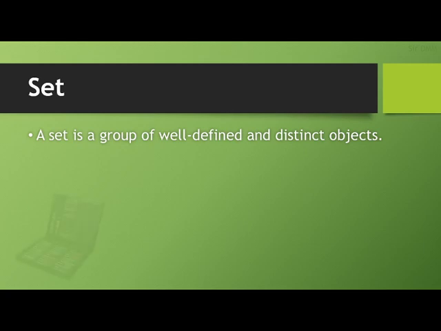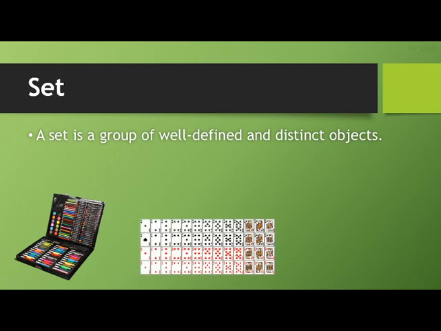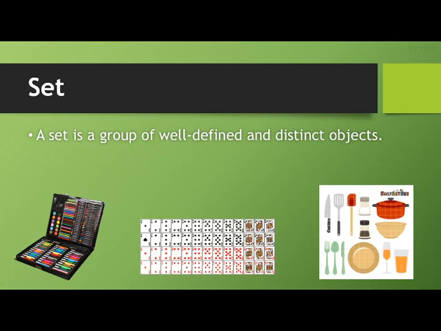For example, set of coloring materials. All objects under this set are all coloring materials. Another, set of cards. And set of kitchen utensils. So, these are some examples of well-defined sets.